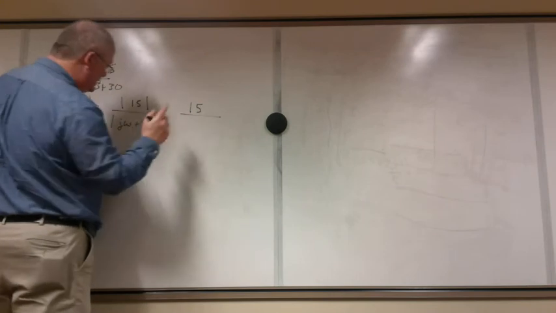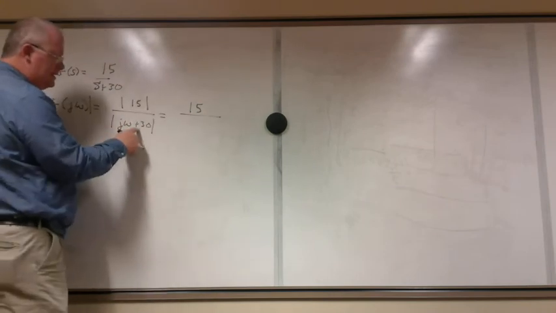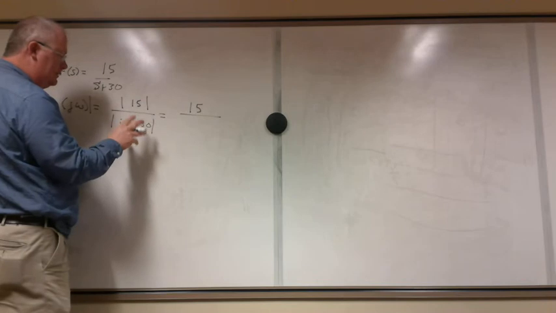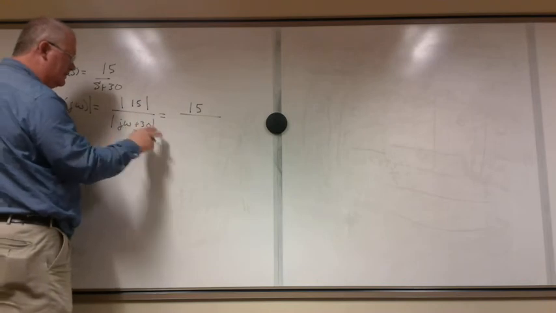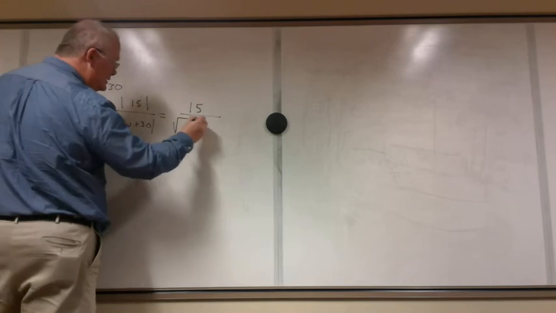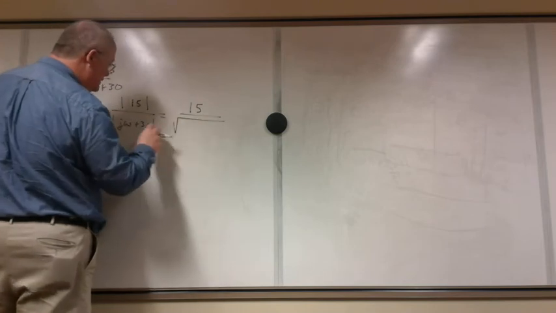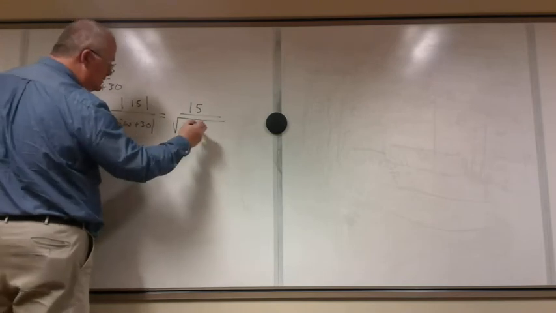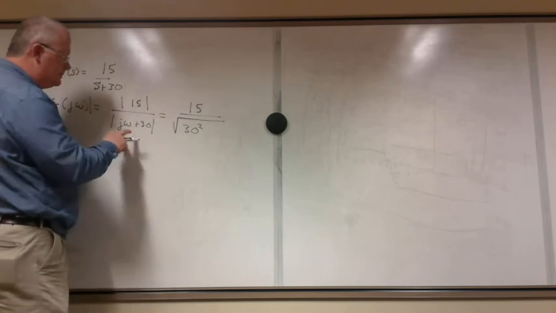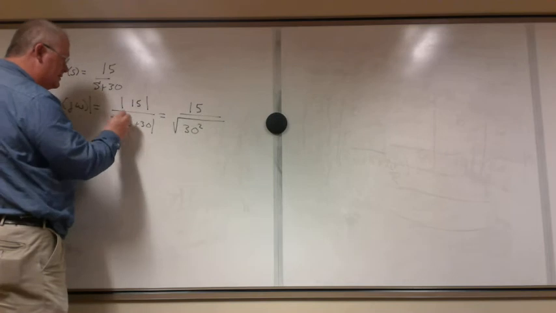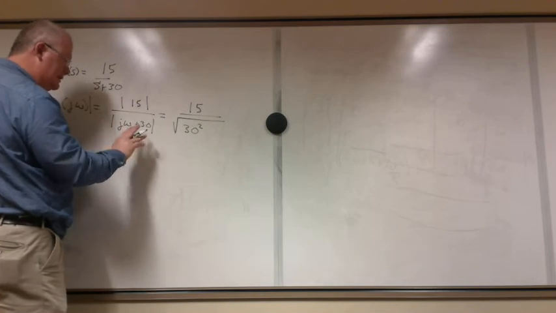15. Nice. The magnitude of J omega plus 30 is going to be the real part squared plus the imaginary part squared, and the square root of that. It is not going to be, let's just do it this way, it's 30 squared, okay, that's the real part squared, and there's always a temptation for some students to take this entire expression, J omega, and square it. That's not what you're doing.